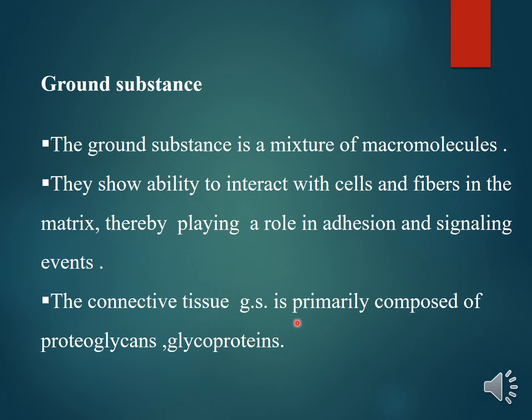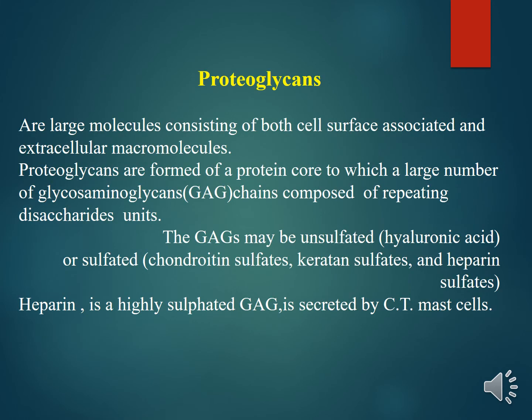The connective tissue ground substance is primarily composed of proteoglycans and glycoproteins. This means that they are the main constituents of the ground substance. First are the proteoglycans, followed by the glycoproteins. Now we are going to have an idea about the proteoglycans. What are these materials?